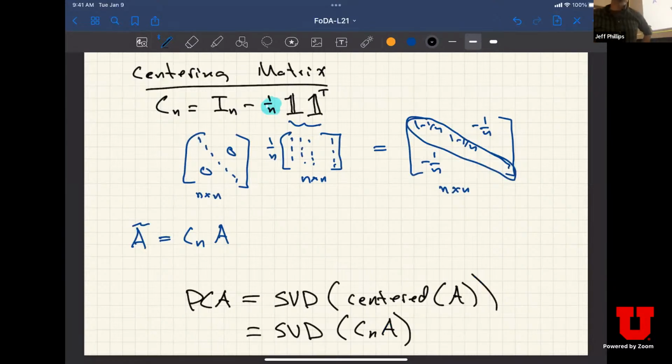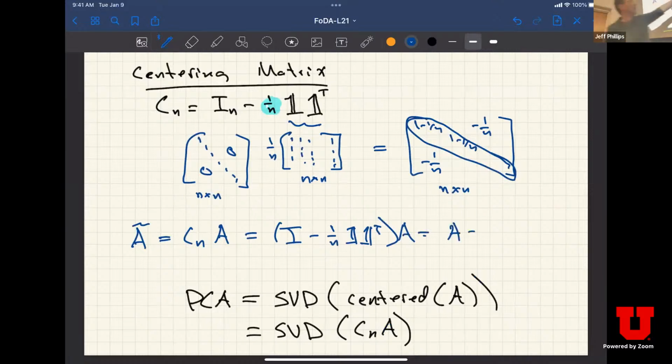So where is the center being used? In the centering matrix, right? If I were to write out what the centering matrix is doing, it's the identity minus 1 over n times the all ones, times A. If I push A through, it's basically A minus something, because the identity times A gives me A back.